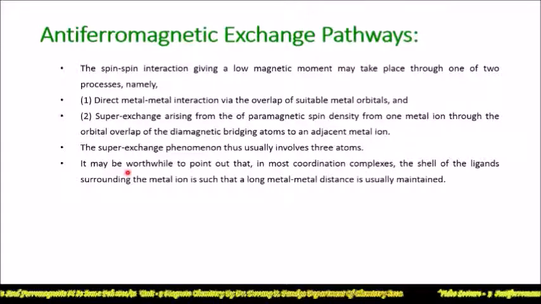It may be worthwhile to point out that in most coordination complexes, the shell of the ligands surrounding the metal ion is such that a long metal-metal distance is usually maintained.